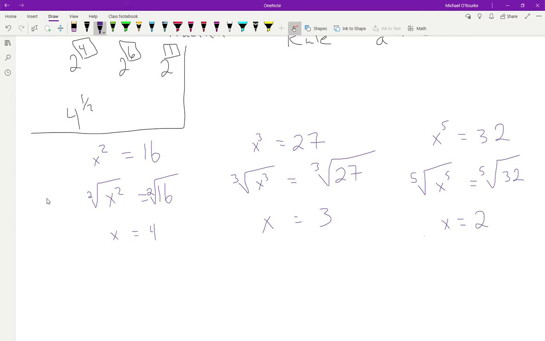So one thing we should learn before we go any further is how to plug in that root on your calculator. On this calculator, I'd write 32, press this button, and I want the fifth root of it, so I press 5. Press equals, which equals 2.